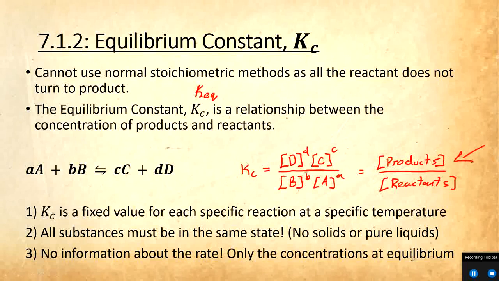So perhaps we have a very large Kc, let's say a Kc of 10 to the 10, which means a lot of products are present. But that doesn't tell us how fast those products are formed. This could take a year in order to form that amount of products and actually establish the equilibrium. It just tells us how much at equilibrium, so there's no information about how fast it reaches equilibrium.